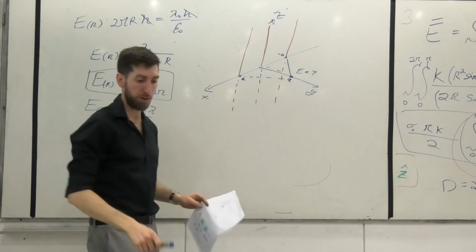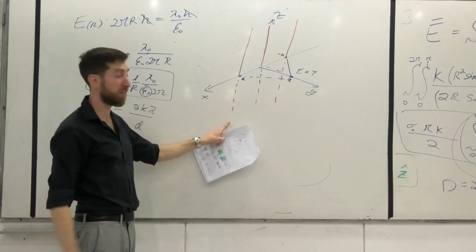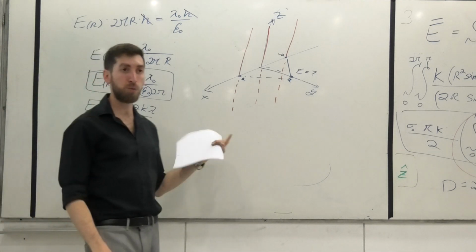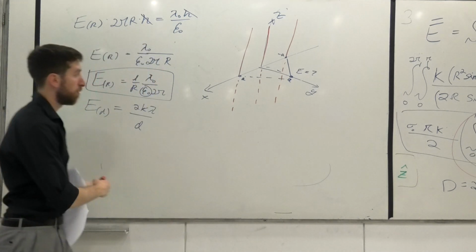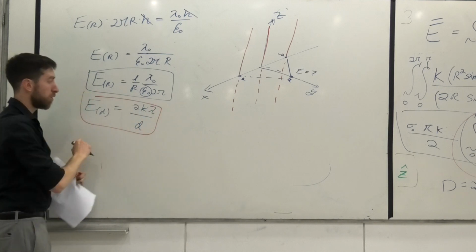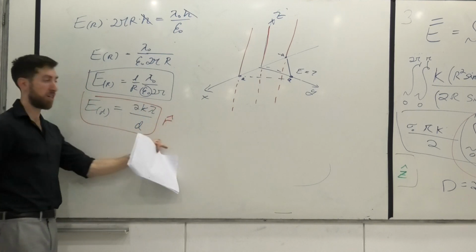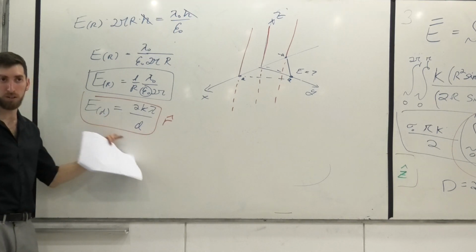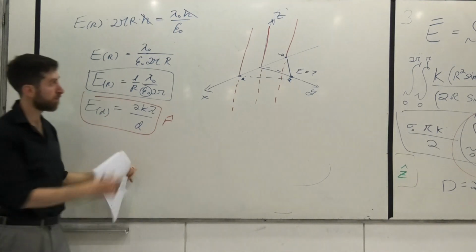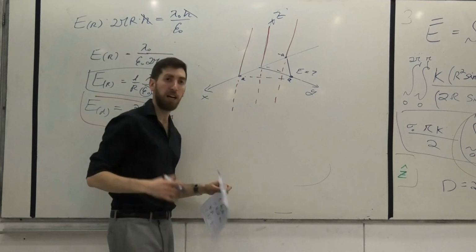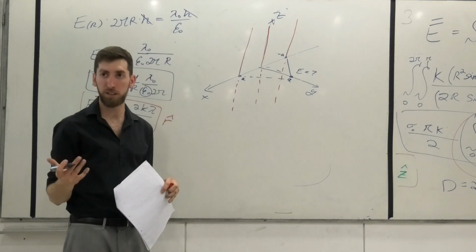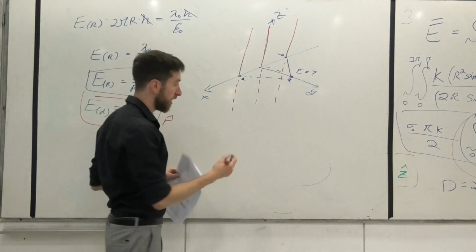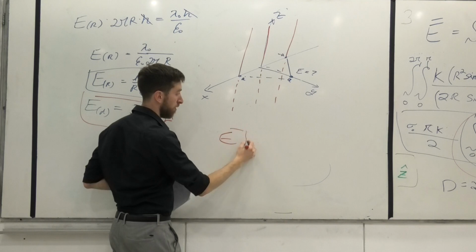You do? Perfect. In this question, we can solve it using Gauss. We know from Gauss how a wire behaves: the field points radially outward, and at distance d this is its value. Remember that from Coulomb's law, the electric field can be used as a superposition.